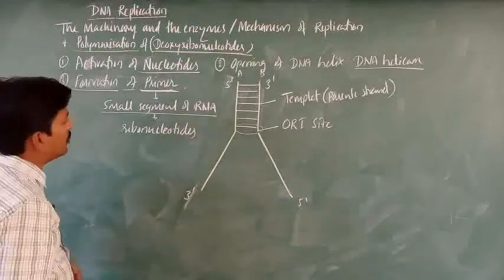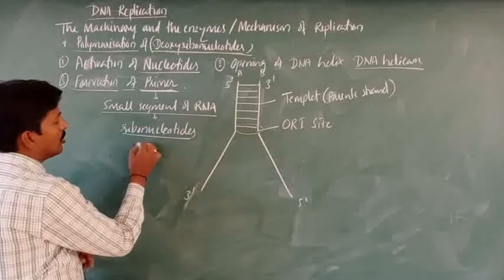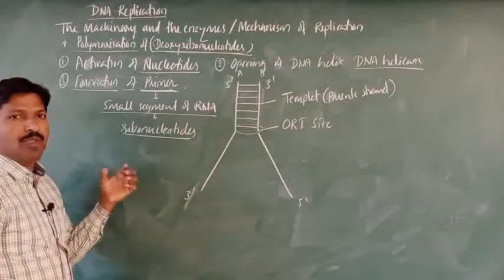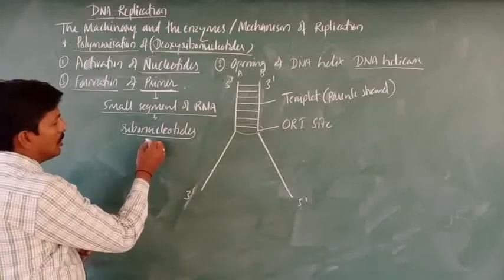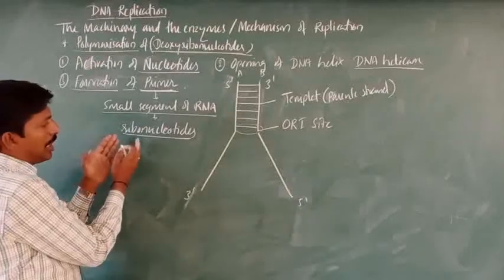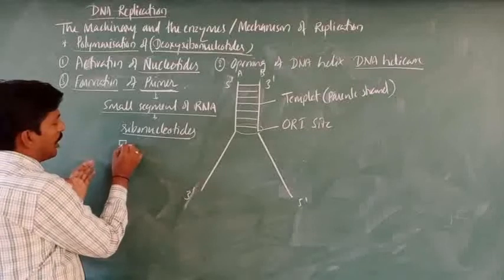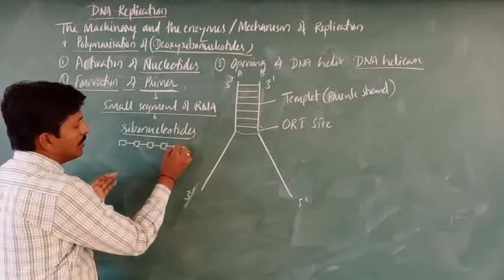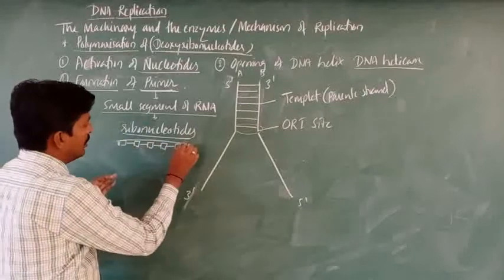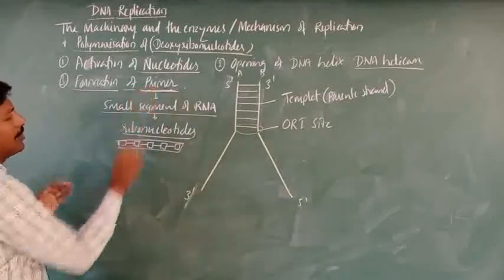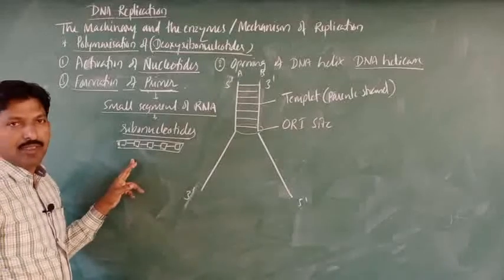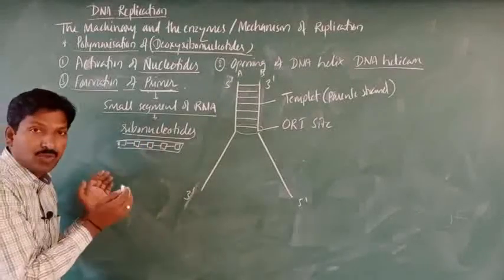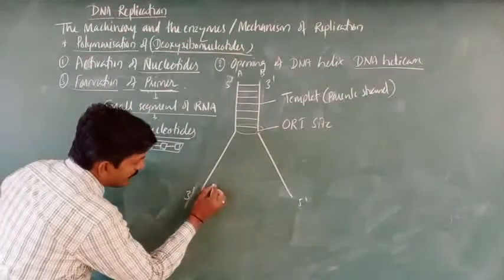So ribonucleotides are joined, about 8 or 10, maybe a minimum of about 20, right? So a few ribonucleotides are joined, and it forms a structure that we call a primer. I will take it as very small here.